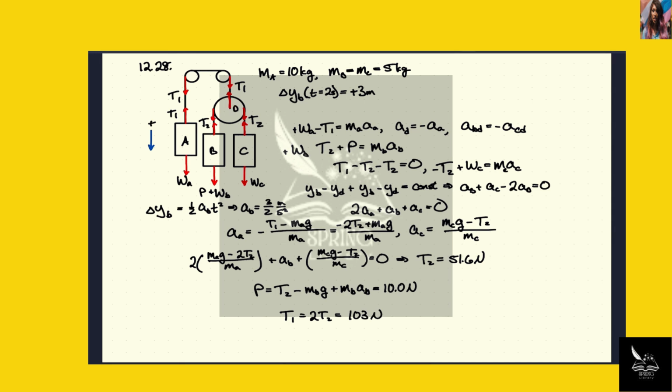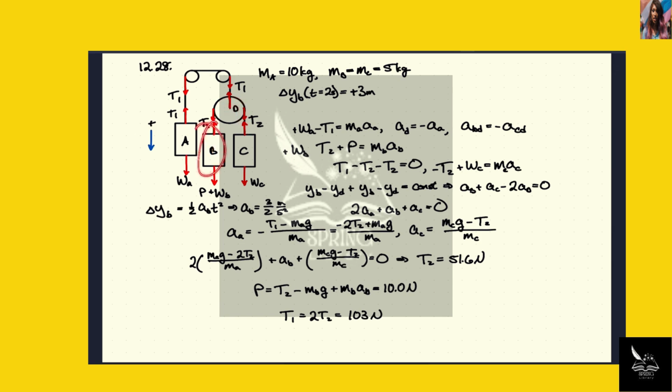We also know that A_B with respect to D and A_C with respect to D are opposites of each other because of this cable. But that's just with respect to this point, so that doesn't give us the absolute accelerations, because this is moving and this cable is shifting.